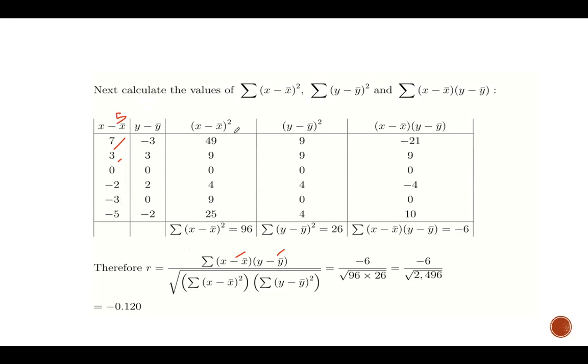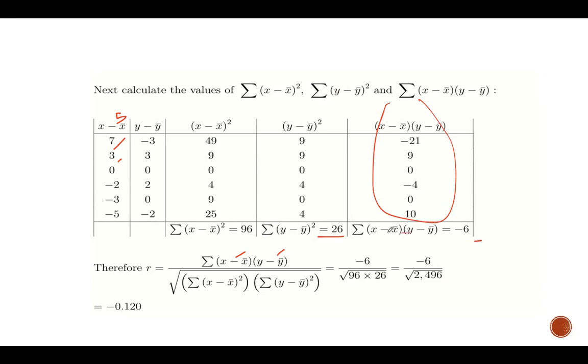We will calculate x minus x bar squared, y minus y bar squared, and the multiplication of x minus x bar and y minus y bar. You can see we need the summation of all these values. The summation of x minus x bar squared is 96, the summation of y minus y bar squared is 26, and the summation of the multiplication of these is minus 6. So what we have to do is just put the values in our formula.